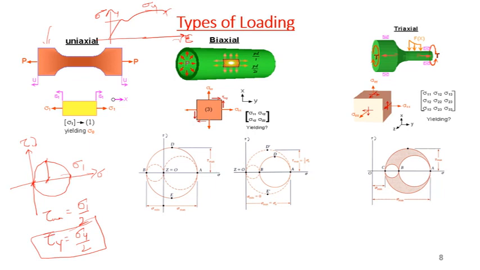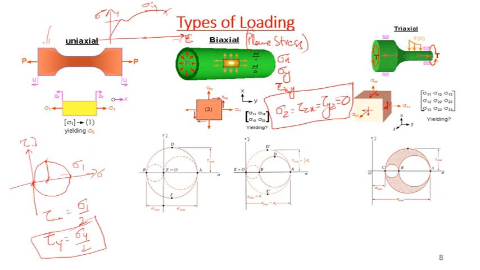Now, what is happening if you have a biaxial state of stress? That means a plane stress condition, where sigma x, sigma y and tau xy are non-zero, while sigma z, tau zx or zy, xz or tau yz are zero.